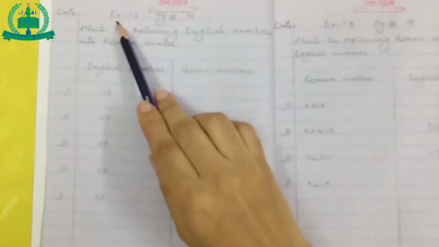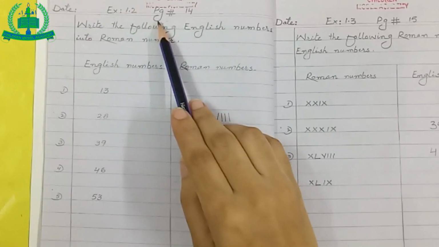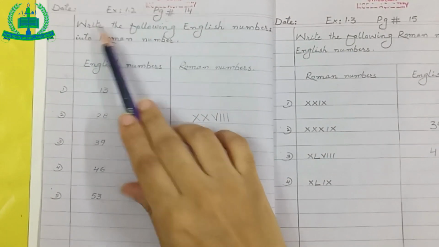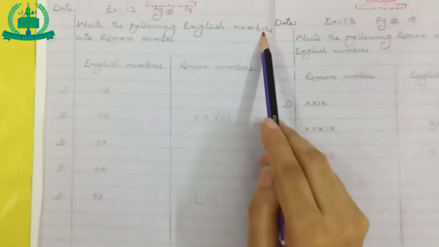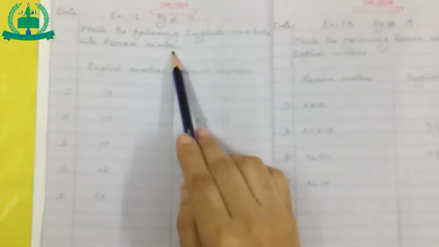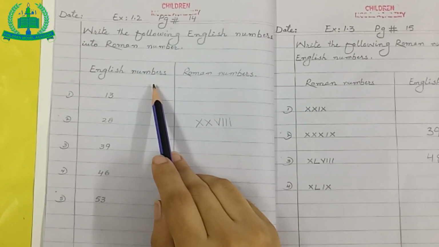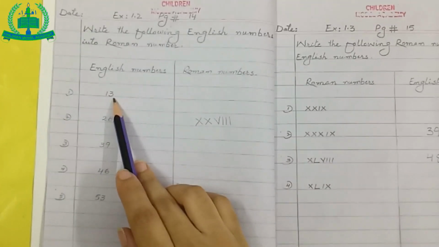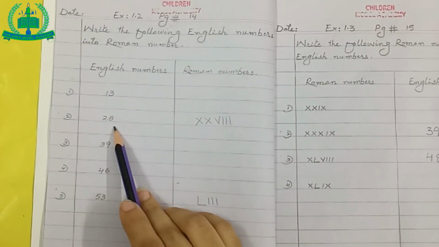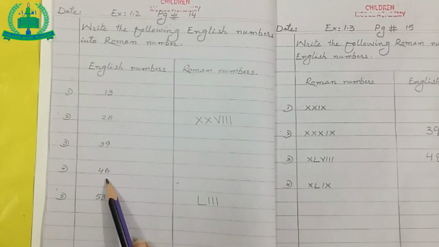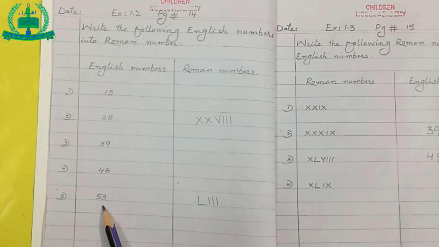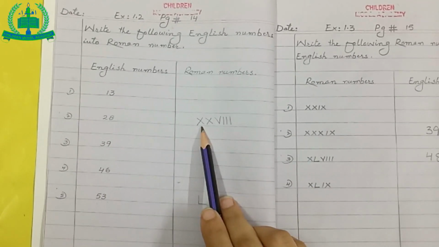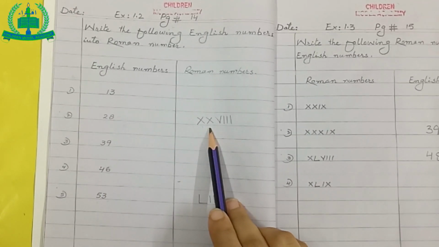Date. Exercise 1.2, page number 14. Write the question: write the following English numbers into Roman numbers. Draw 2 columns, English numbers, Roman numbers. 13, 28, 39, 46, 53. 28: XX means 20.